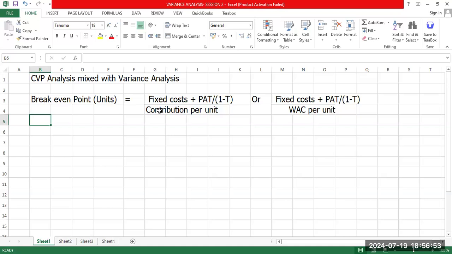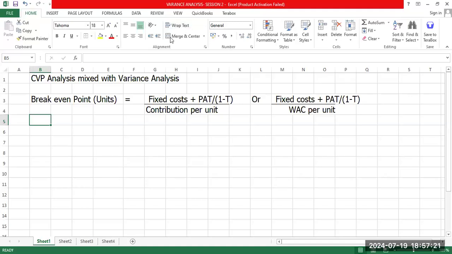If you're not given actual fixed costs, how are you going to get actual fixed costs? If you're not given actual contribution, how are you going to get contribution? We all know that to get contribution, you get sales minus all other variable costs. That's how you can get contribution.